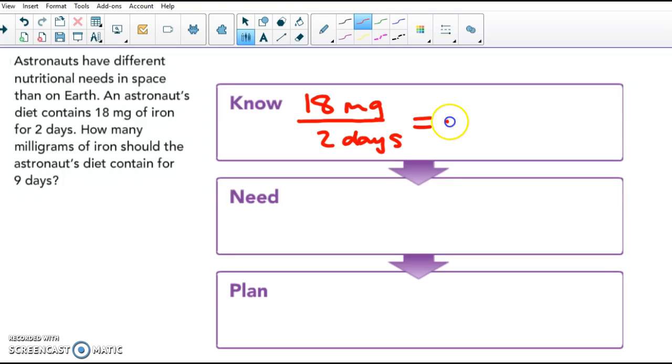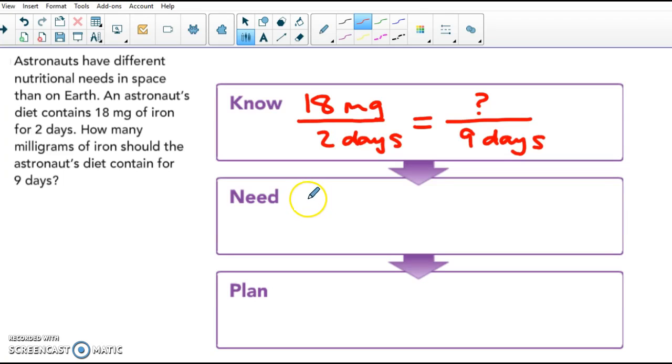But the problem is it's not very easy to turn a 2 into a 9. When we've looked at making equivalent ratios, we said, okay, how do I multiply or divide to turn this denominator into this one? Well, a 2 does not convert into a 9 very easily, but I can think of some numbers that do, such as 1.